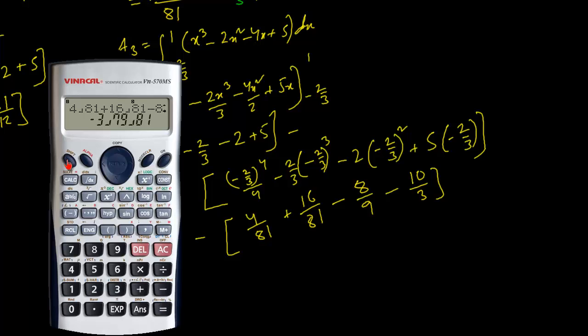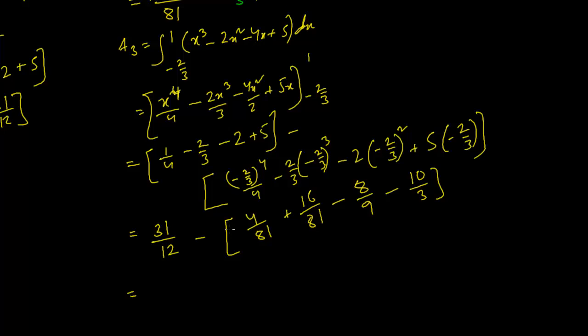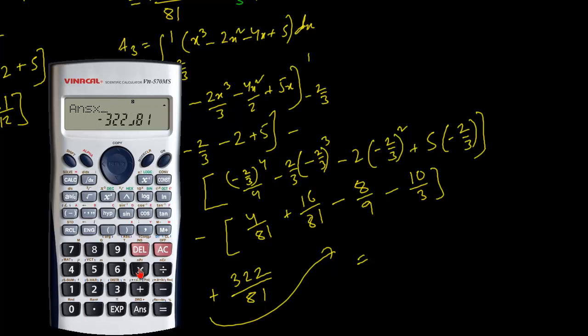Okay, and we get minus 322 by 81. So 322 by 81, this minus multiplies and it becomes plus, and this becomes 31 by 12. So that turns out to be plus 31 by 12.